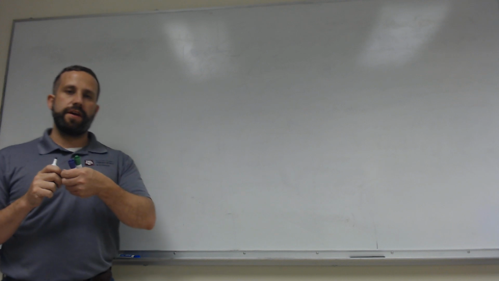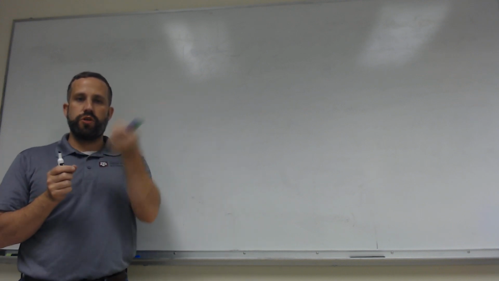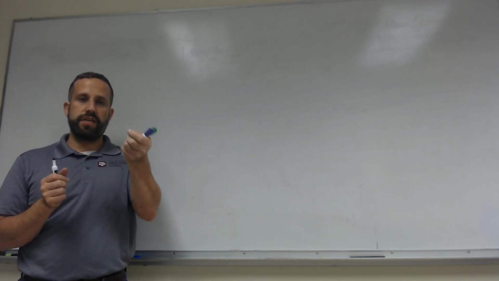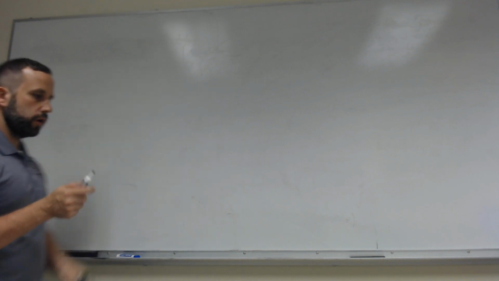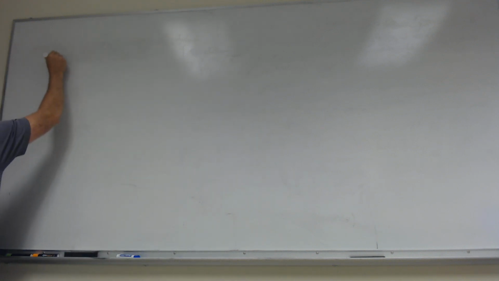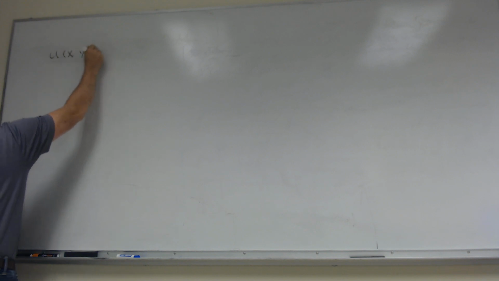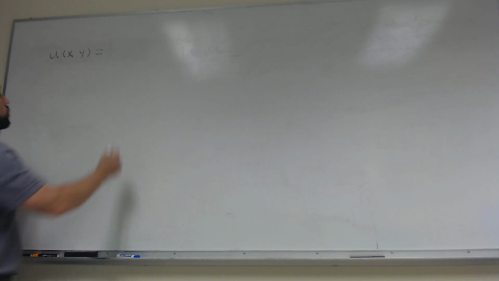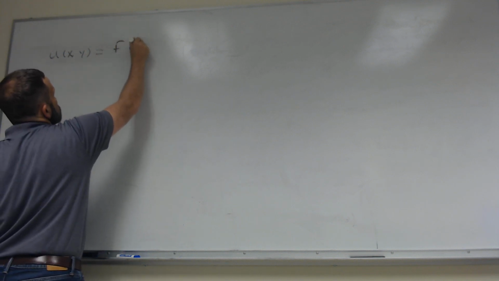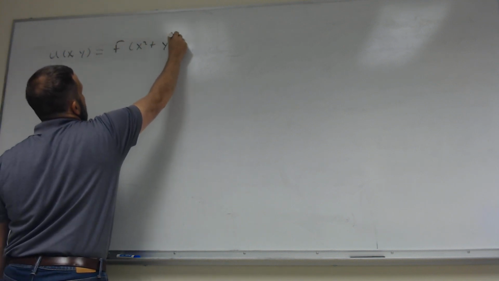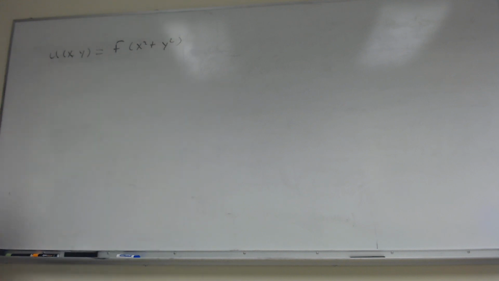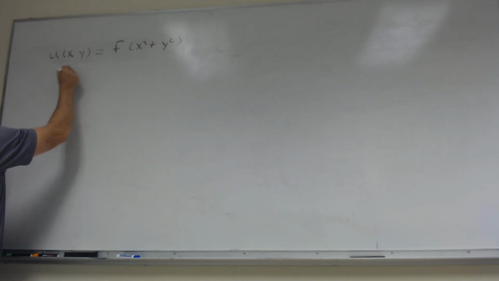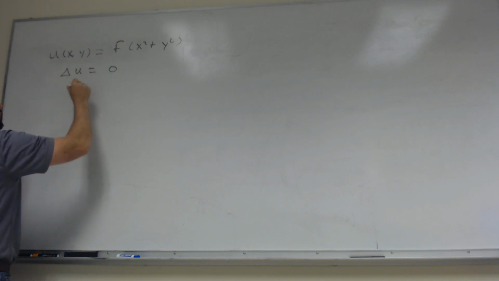Well, u of xy is just going to be a function of the distance of the point from the origin. So I'm going to say u of xy is just going to be a function of x squared plus y squared, because x squared plus y squared is the square of the distance of the point xy to the origin. So I'm going to assume I can find a function f such that u of xy is equal to f of x squared plus y squared, and the Laplacian of u is equal to 0.